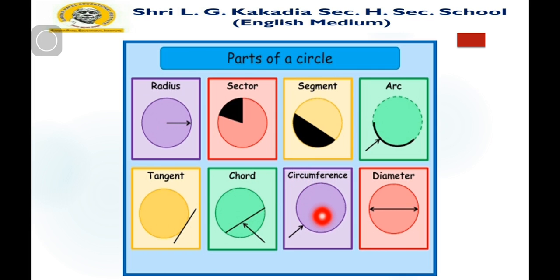Circumference: the rounded length of the circle is known as the circumference. And diameter: the largest chord of any circle is known as the diameter. Such parts we have already studied. Now we are going to discuss all these parts and the areas related to them.